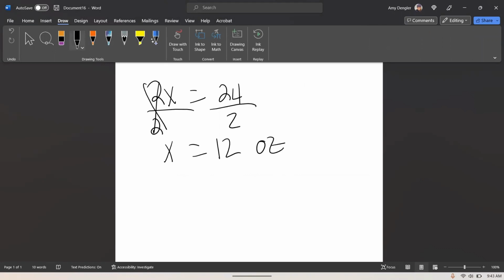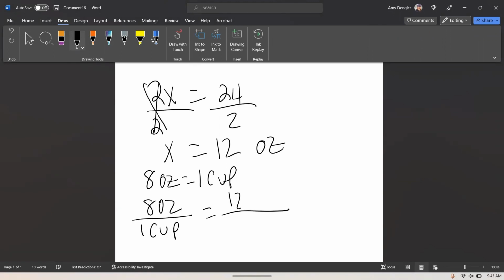So now we want to use our conversion factor between ounces and cups. So 8 ounces equals 1 cup. And we have 12 ounces. How many cups?